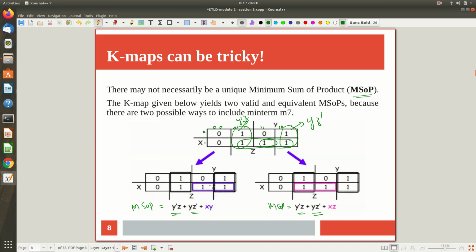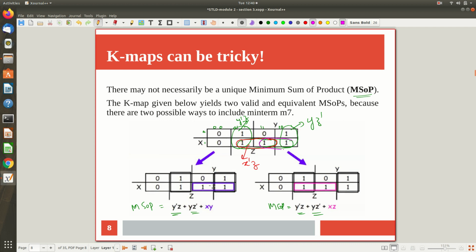If I am making the grouping like this, I will get the corresponding term: here x is having the form x dash, and when I am moving from here to here, 0 to 1, y is vanishing and z is there, z is 1. And if I am making this particular grouping, let me use a different color.